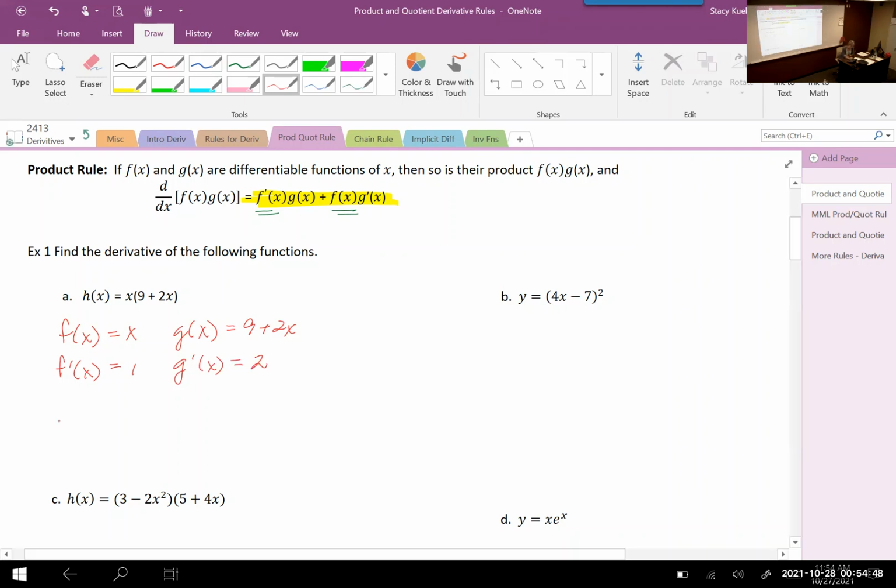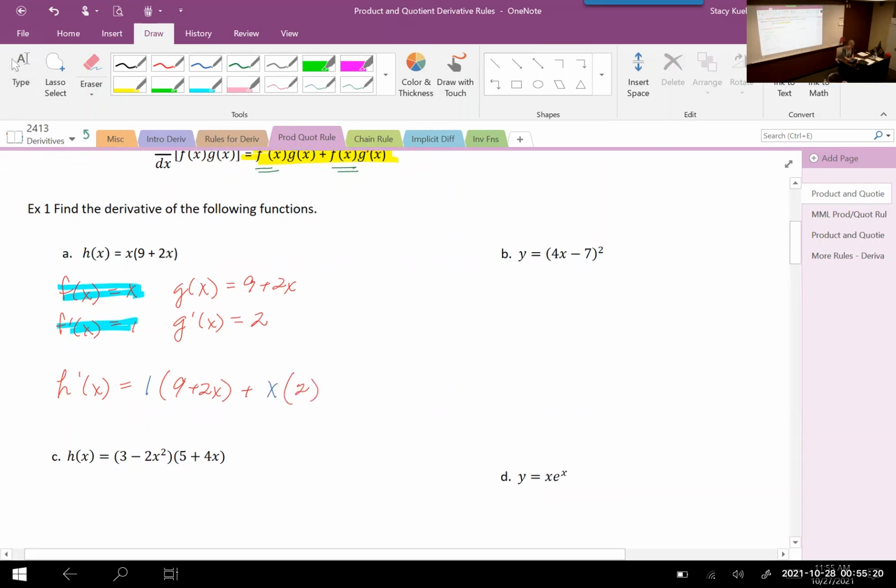So when I put this together and find the derivative of h, we take the derivative of the first function, 1, times the second function, 9 plus 2x, and add that to the first function, f of x, times the derivative of the second function, 2.